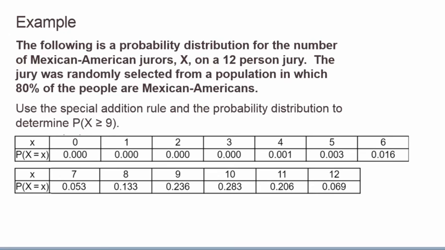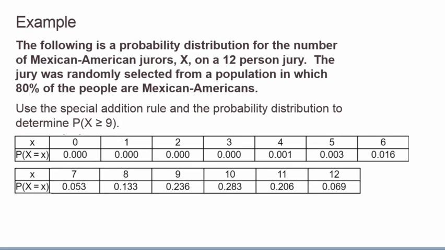For our table, if x equals 0, the probability is 0.000. For x equals 1, our probability is 0.000. For x equals 2, our probability was 0.000. For x equals 3, our probability was 0.000.